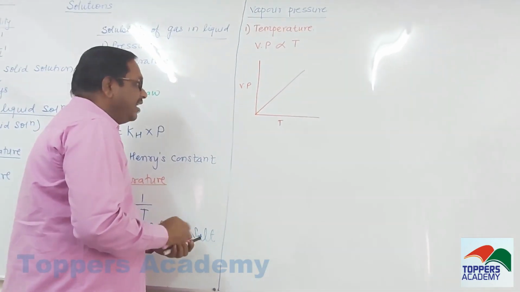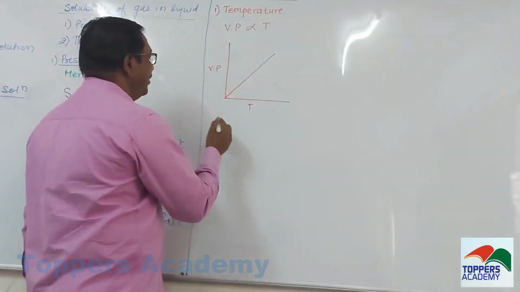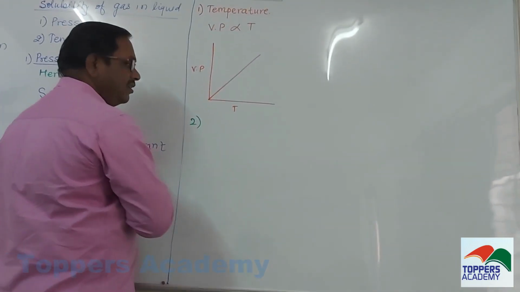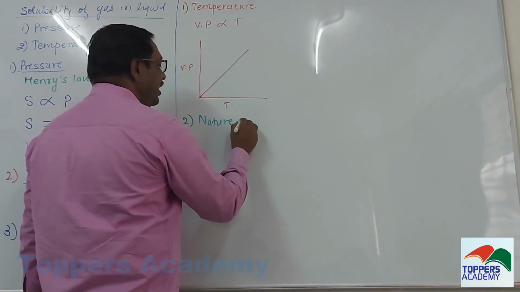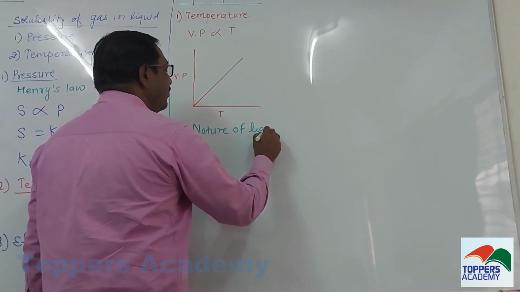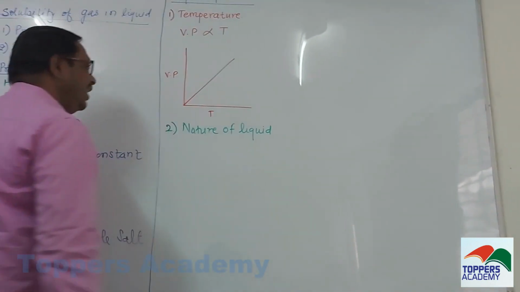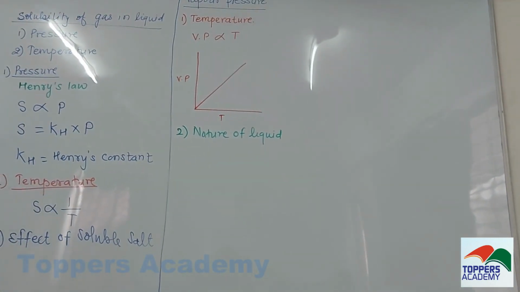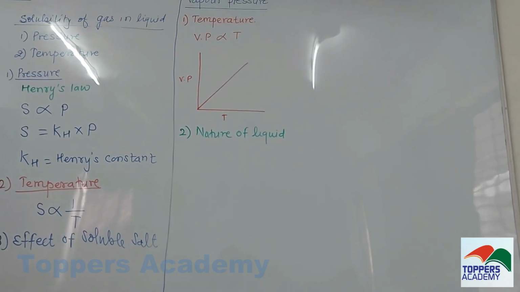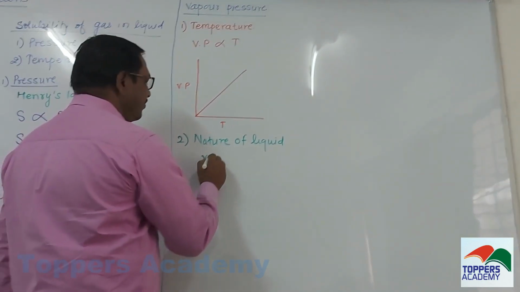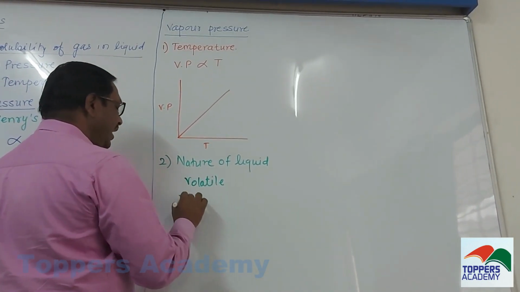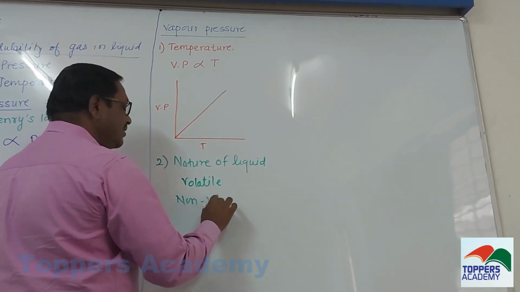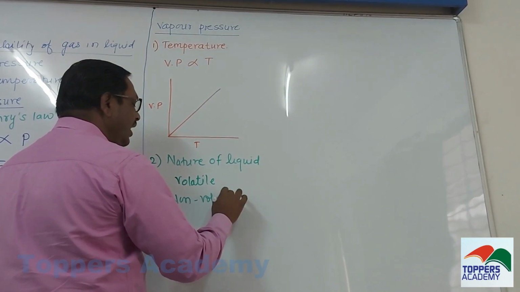Now the second factor affecting the vapor pressure of liquid is the nature of liquid. How does the nature of liquid affect it here? There are two types of liquids: the first one is the volatile liquid and the other one is the non-volatile liquid.